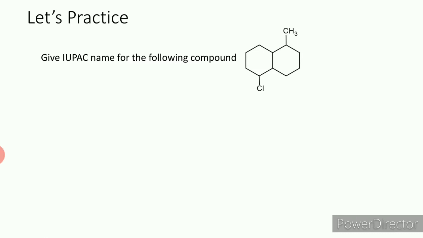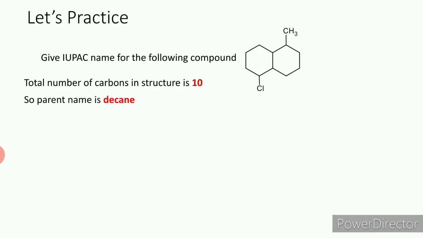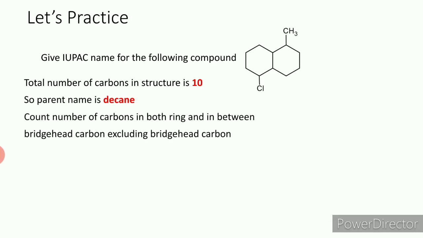We'll name this compound. I have mentioned steps to reach the basic name. The total number of carbons in the structure is 10. So the parent name is decane. There are 4 carbons to the left, 4 carbons to the right, and no carbon in between the bridgehead carbons.